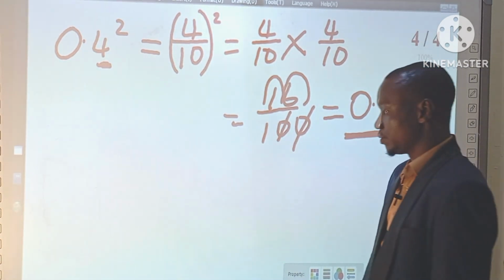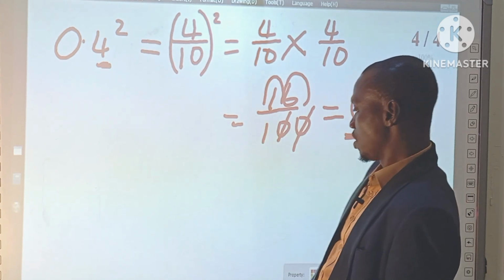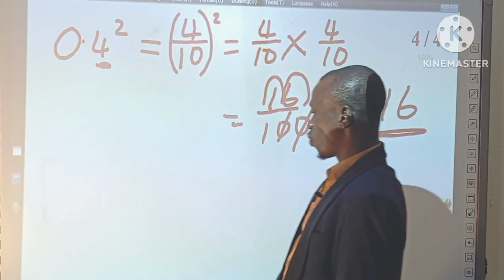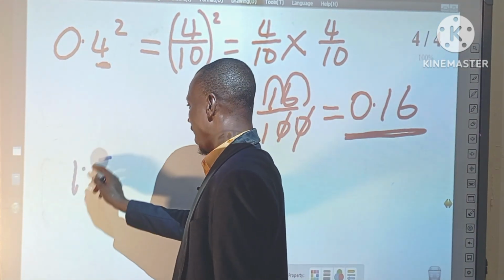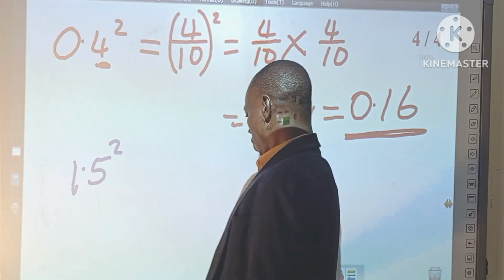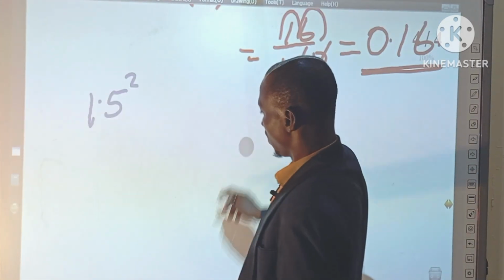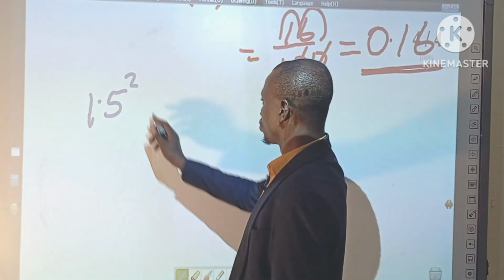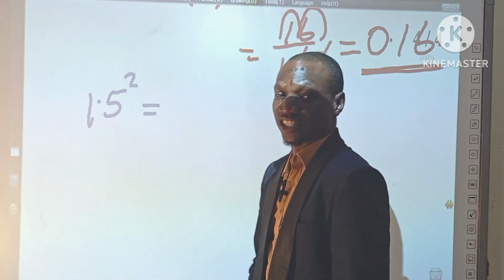Now let's take another question. For instance, we were given the question 1.5 squared. What do I need to do? The first thing I must do is to write this as a fraction.